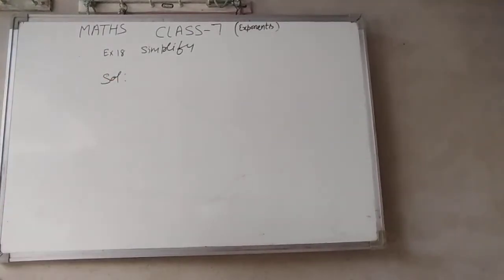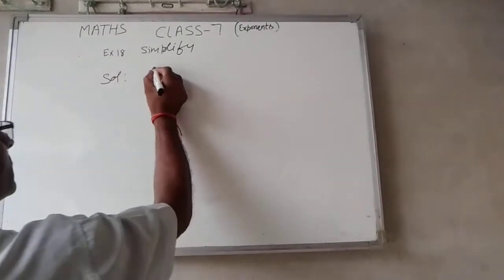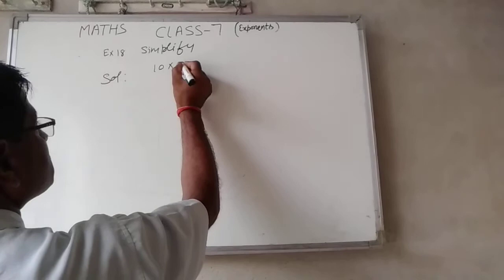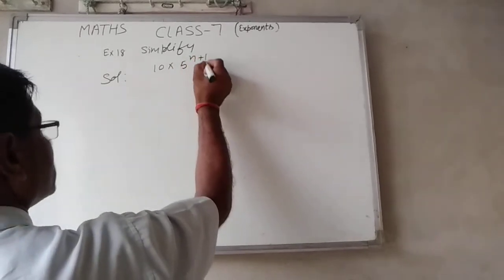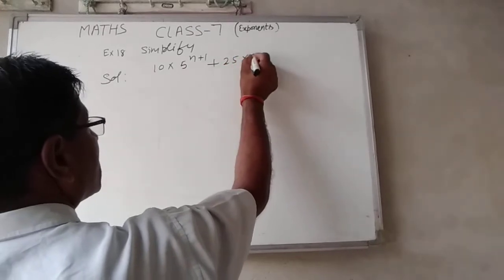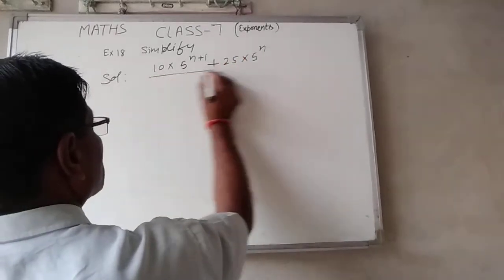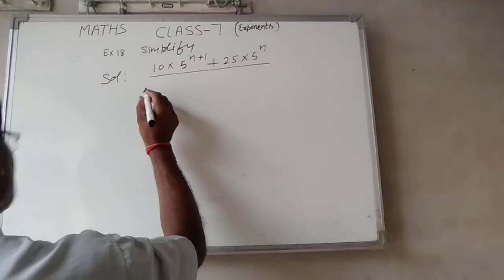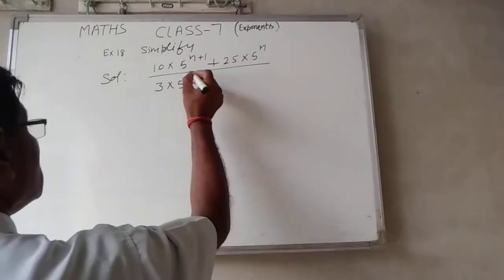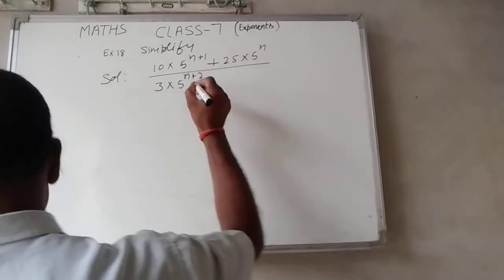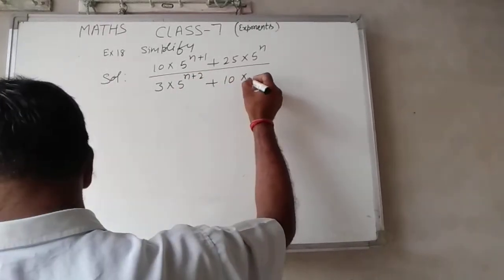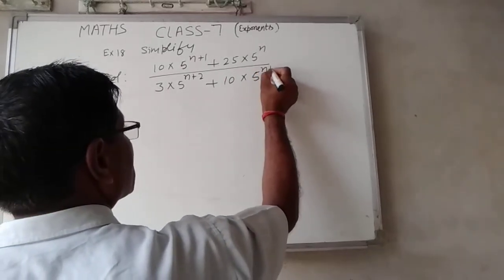I will write the question here: 10 multiply 5 to the power n plus 1 plus 25 multiply 5 to the power n, upon 3 multiply 5 to the power n plus 2 plus 10 multiply 5 to the power n plus 1.